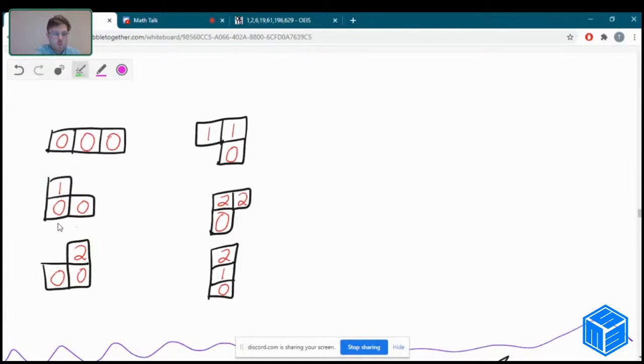So I get my 0, 0, 1 that way, my 0, 0, 2. That same pattern can work with 0, 1, 1 and 0, 2, 2. And then nicely, my 0, 1, 2 works the same way because everything that's on top is bigger than the thing below it. And if you do have the possibility of moving right or left, you just have the rightmost possibility being an addition of 1.